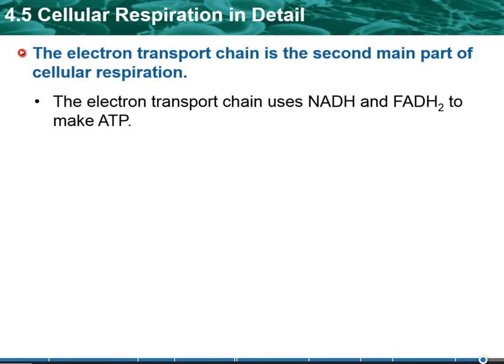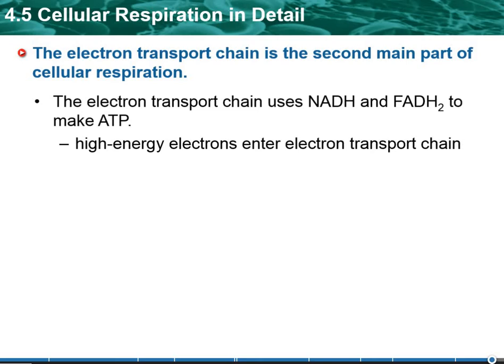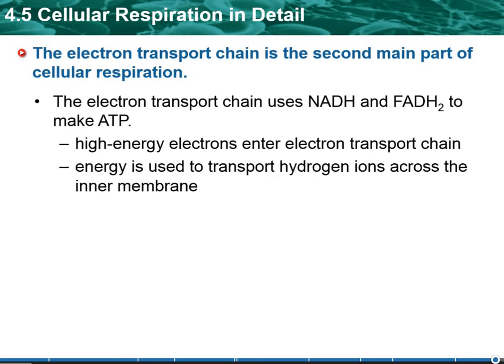The electron transport chain is going to use the NADH and FADH2 that were created to make ATP. These high energy electrons enter the electron transport chain. You can think of it as like a stairway. It's going to be stairs going down, and the electrons are going to be going downhill.